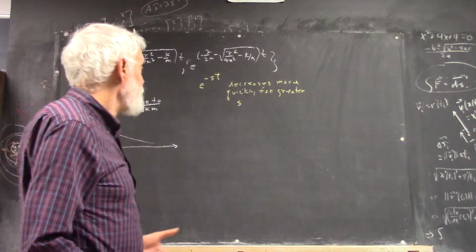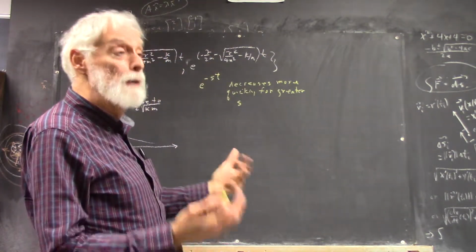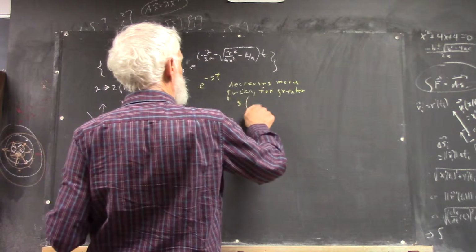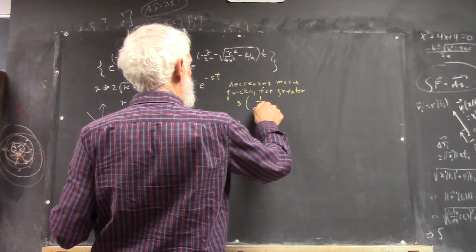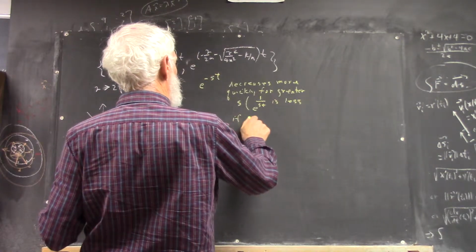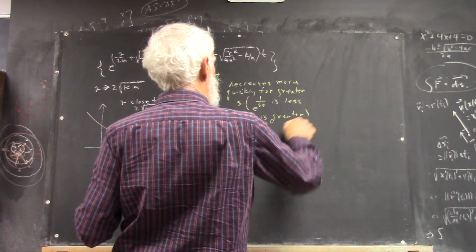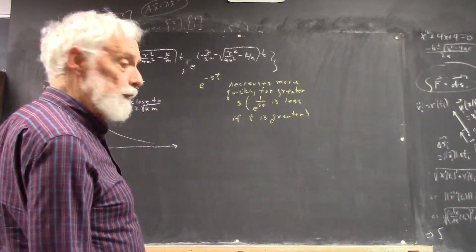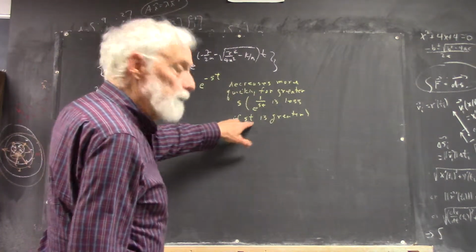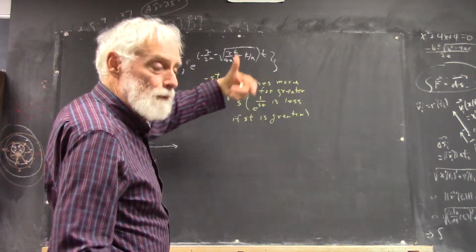Because for a given t, you're going to have a negative of a bigger number, which means you're going to have the reciprocal of e to a bigger number. So it's kind of like 1 over st is less if st is greater. For a given t, a bigger s will give you a bigger denominator here, which will go into 1 fewer times, right?